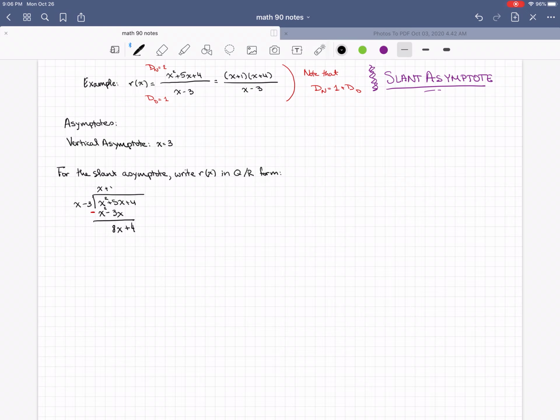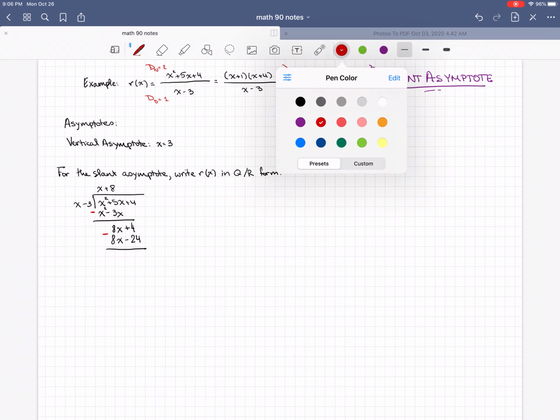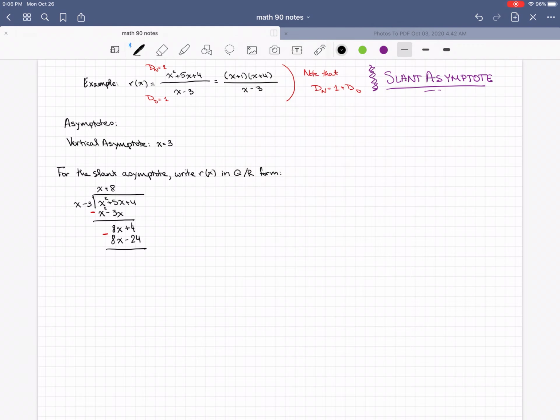X times positive 8 would give you 8x. Distributing through, we have 8x minus 24. And don't forget, we are subtracting. So the 8x's cancel, and we have 4 minus negative 24 is 28. So there is my remainder, and there is my quotient.